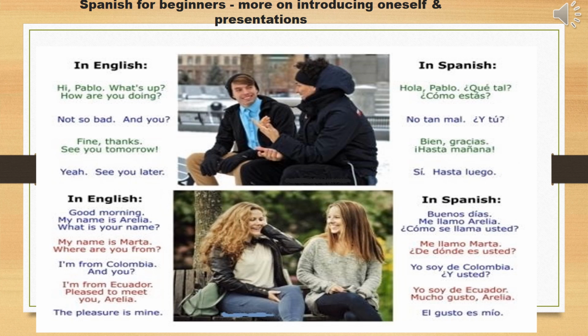So let's continue in English. Down the image, we have dealt with the first image on top. Now we're in the second image where we have the girls. So in English still, "Good morning. My name is Aurelia. What is your name?"